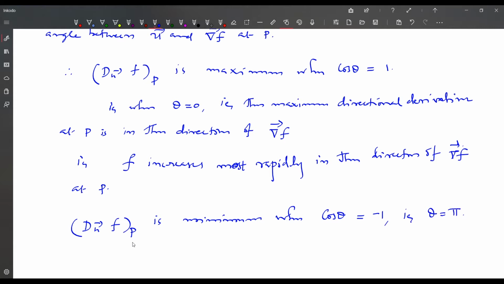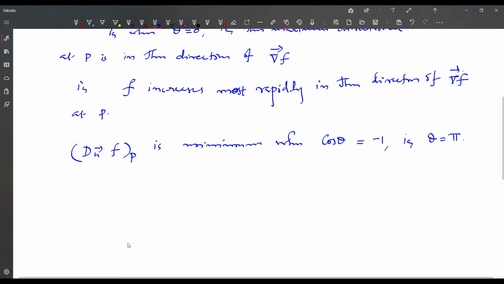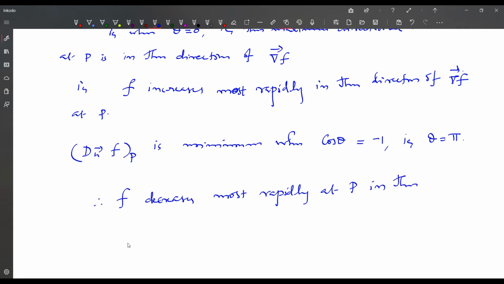Therefore f decreases most rapidly at p in the direction of minus del f, because the angle between u and del f is pi in this case.